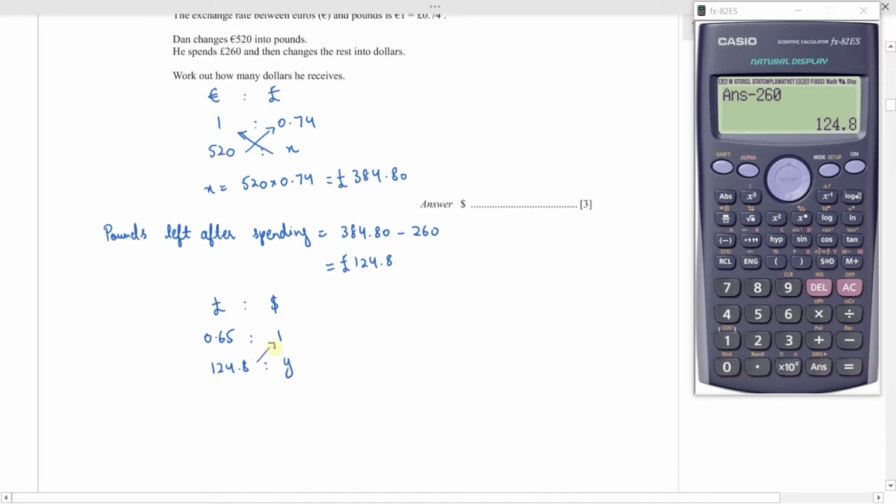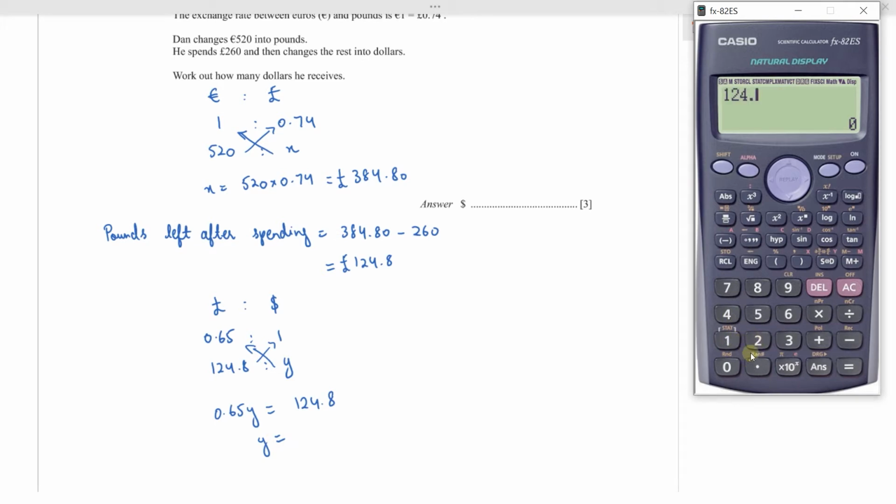Again, we will cross multiply to form our equation. So 0.65y will equal 124.8 and y will equal 124.8 divided by 0.65. So this is $192 that he will receive when he converts 124.8 pounds into dollars. So this is what you need to calculate. So your answer here will be 192.